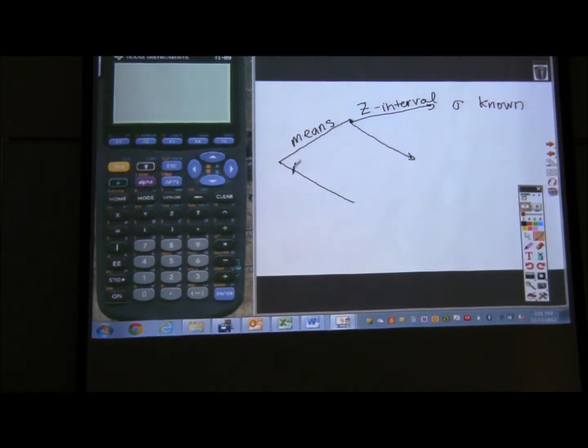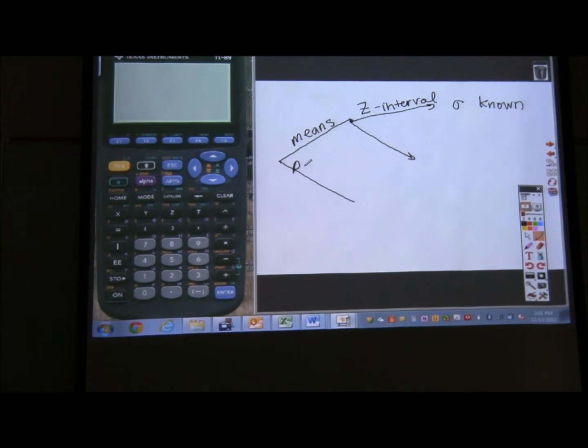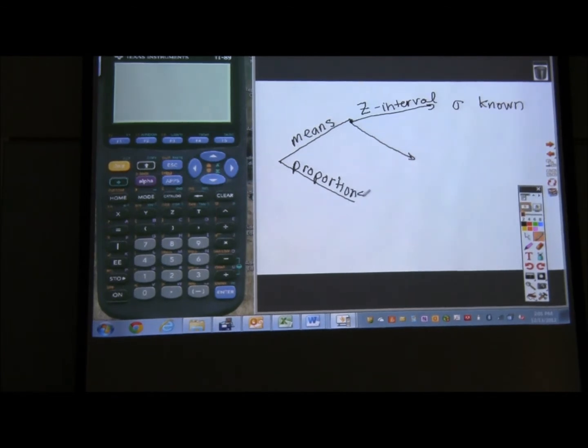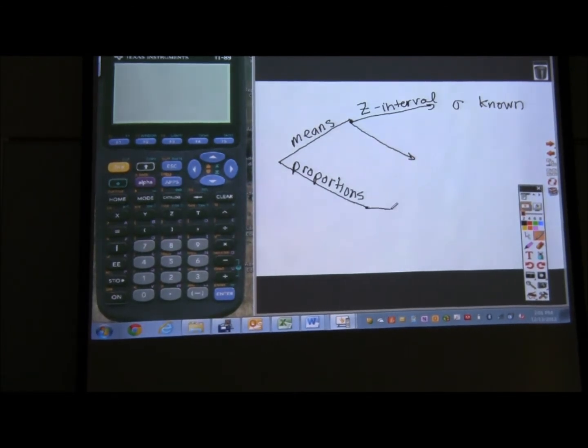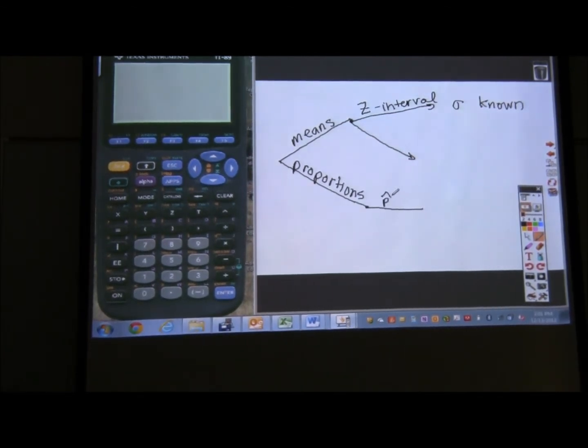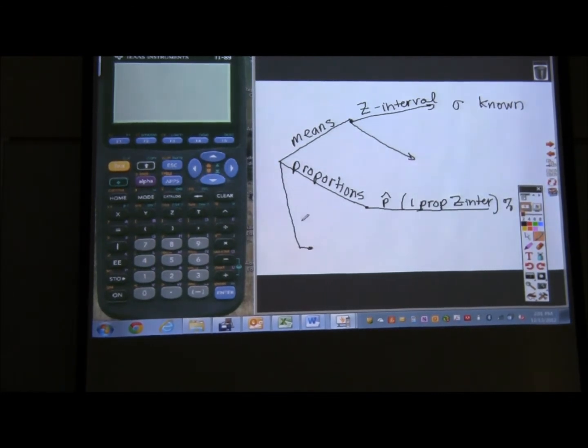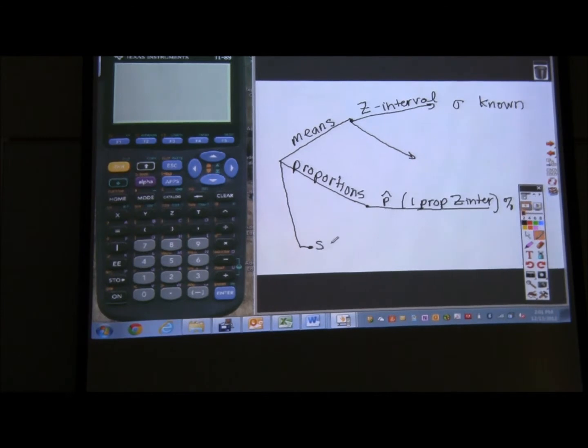And then if you have proportions, that's when you have p-hats. You're going to use a 1 prop z-interval. And this is when you are looking at percents. And the last type that we'll do next week is when you're looking at standard deviations.